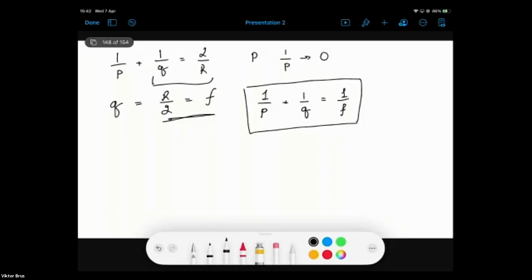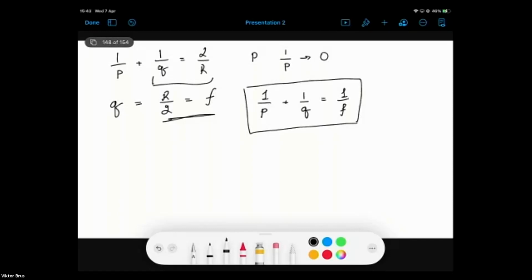So, for instance, if we consider two rays from the top point of our object, one will go perpendicularly to this reflecting surface, so it will be reflected backwards. Another goes parallel to the principal axis, and the reflected light will appear coming out from the focal point.